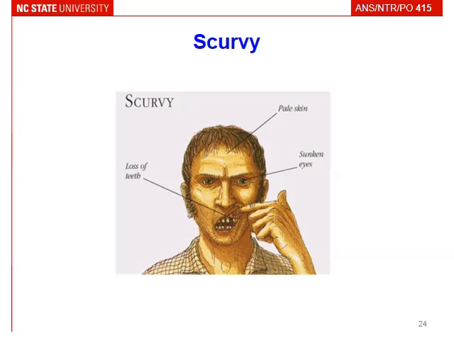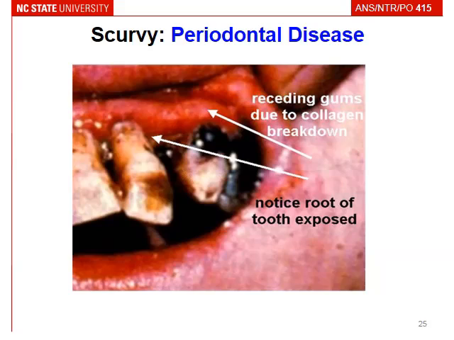Also, due to the effects on the bone and cartilage, usually their pale skin and very sunken eyes are some of the signs of scurvy. So here we have the periodontal disease associated with scurvy. As I mentioned before, our gums are affected.